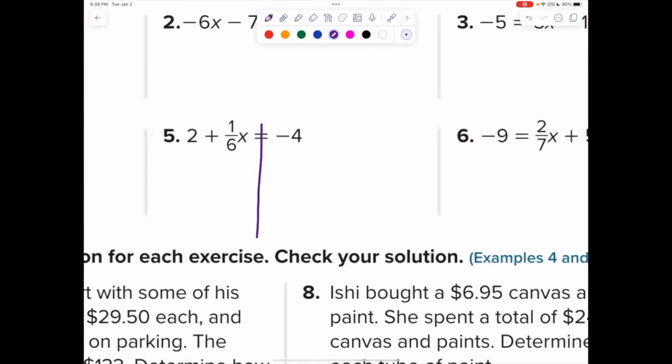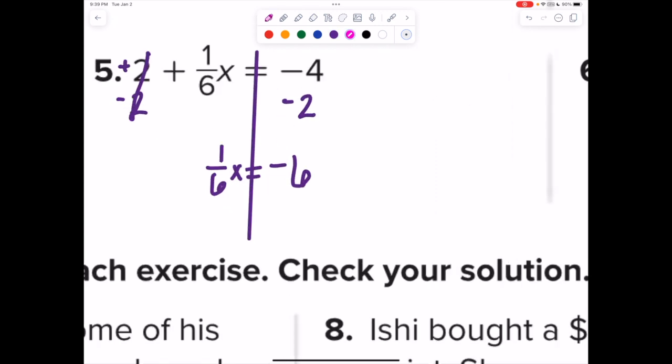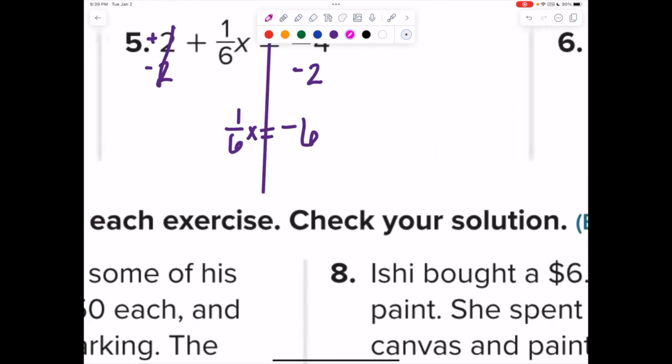Separate your sides here. Okay. SAD-MERG, make her happy. This is a positive 2. So remember, we're going to subtract 2 from both sides. Okay. This cancels out, and what are you left with? Well, you're left with a positive 16x equals negative 4, and a negative 2 is a negative 6, so be careful with that. All right, now I have a 16 times x.